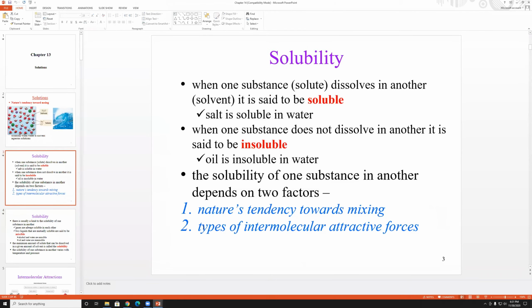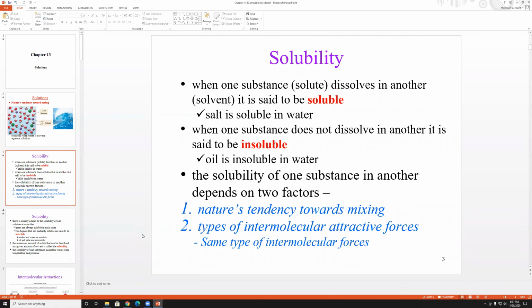Intermolecular forces. So one last thing about this: for them to be miscible, or to be soluble in one solvent or another, they need to have the same type of intermolecular forces. I'll write that down. What that means is, if you have water, you have to have something else that has either ionic or dipole interactions.